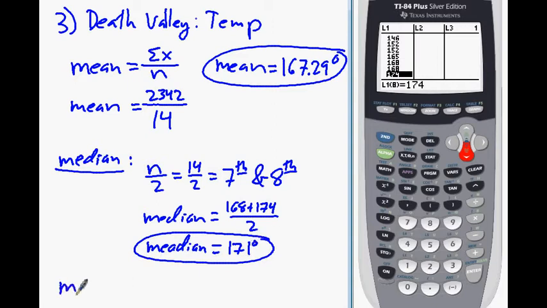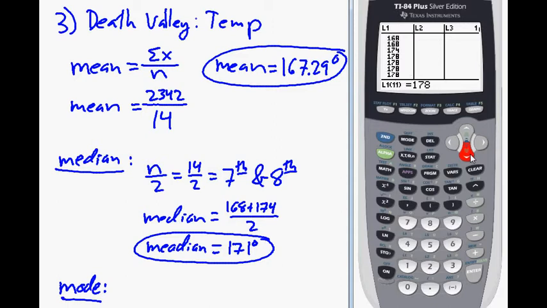And finally, we need the mode, which, now that we've ordered our list, we can actually just scroll up and visually look for what seems to happen the most frequently. That's 1. There are 2 152s. Looks like there are 2 168s.